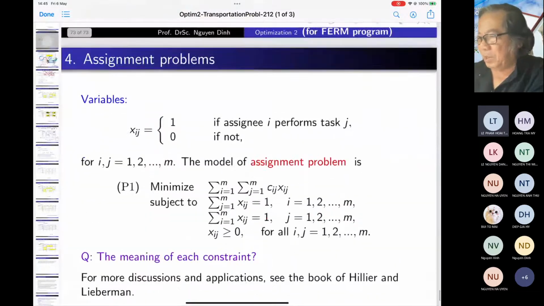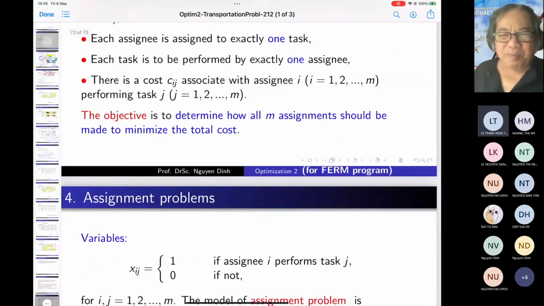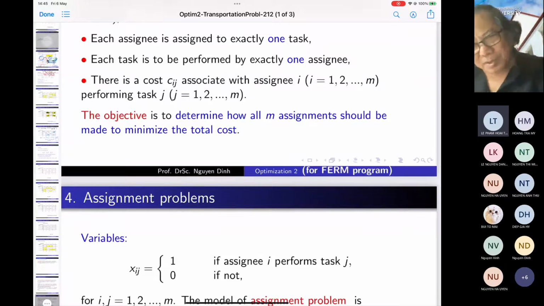The assignment problem is a transportation problem, but there are the source and the demand and the supply. Each supply place has only one object, and each demand is only one.